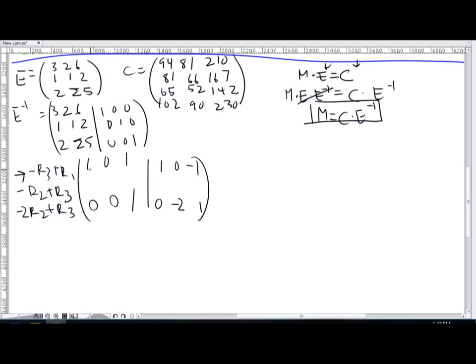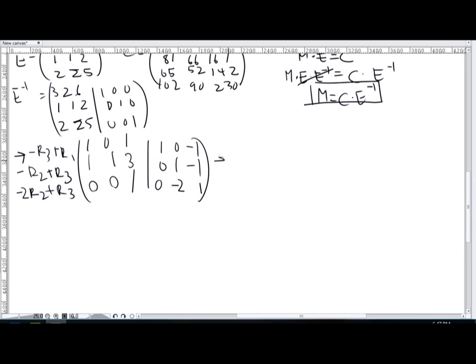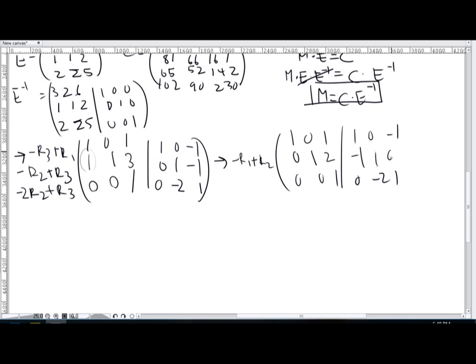So this would be 1, 1, 3, 0, 1, -1. Okay, and the next step is to multiply -1 to R1 and then add it to R2, so that this value would become 0. So this would be 0, 1, 2, -1, 1, 0.